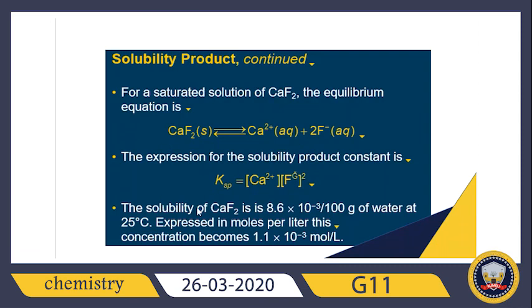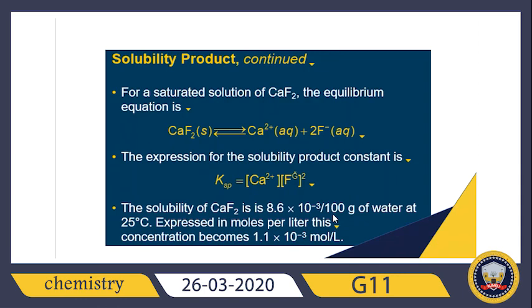Okay, so now the solubility of calcium fluoride is 8.6 multiplied by 10 to negative 3 per 100 grams of water at 25 degrees Celsius. If we want to express it in moles per liter, we need to convert the grams into moles, and the volume of water here, 100 grams, into 1 liter.